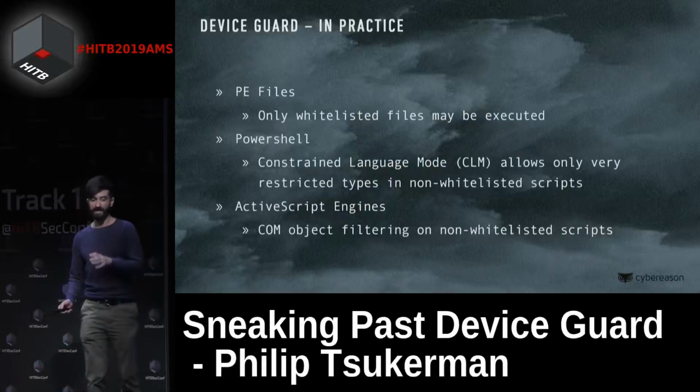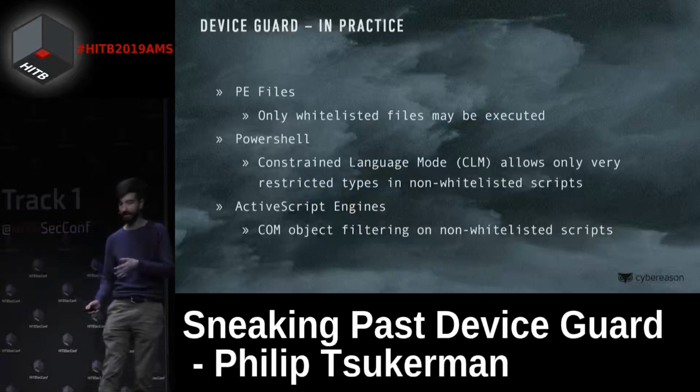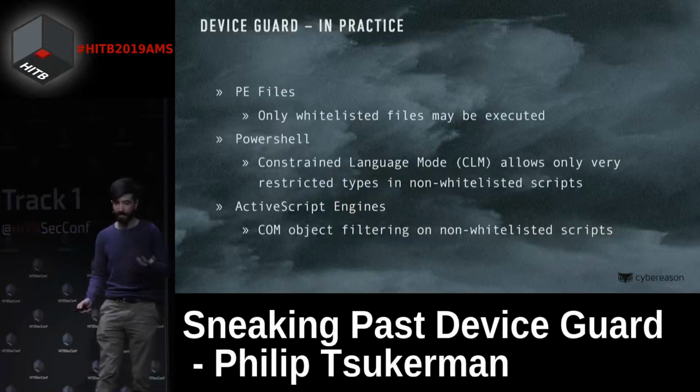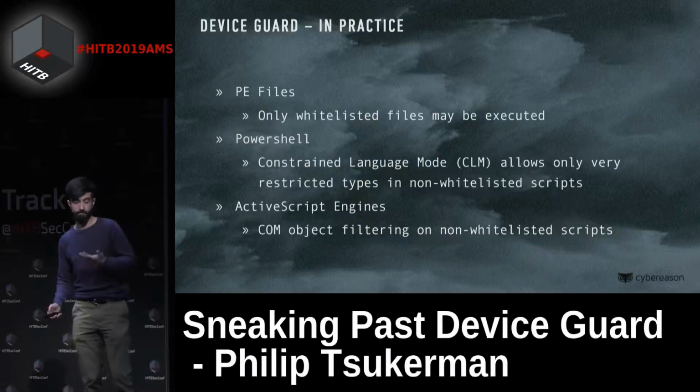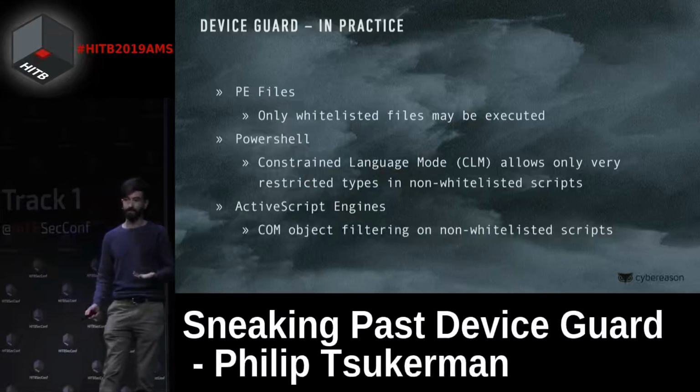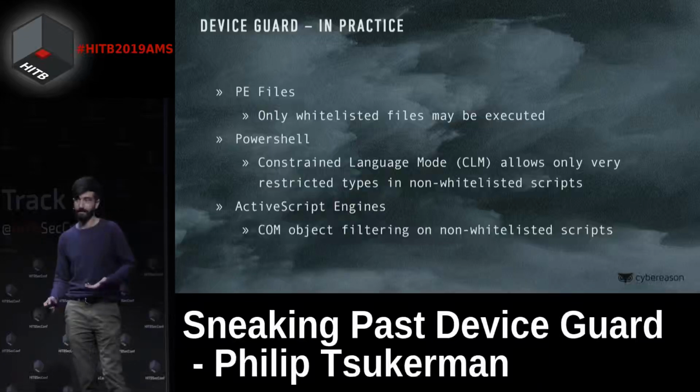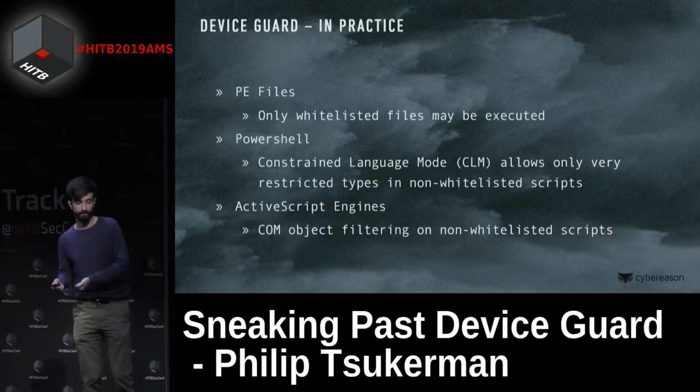This mode only allows very restricted types and commands to be used, unless you somehow escape it or you use a whitelisted script. And this means that instead of being like the ultimate Windows hackers toolkit or whatever, you just, again, have some kind of command line tool which really isn't that powerful.